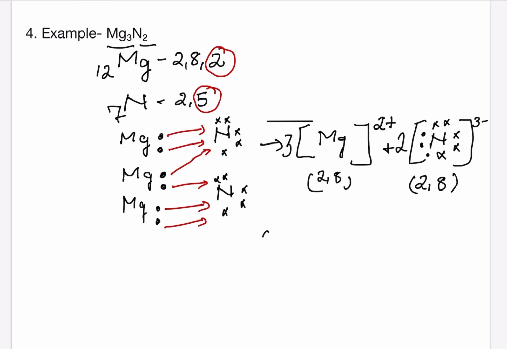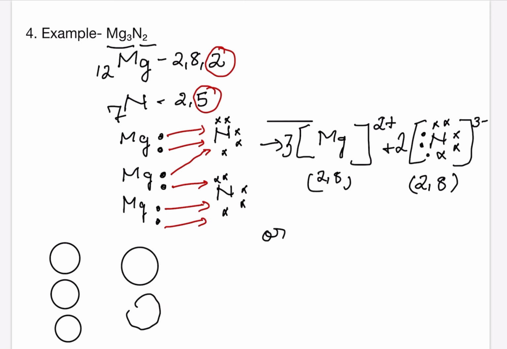We can also show it by another method. Let's do that. Make 3 circles. This is for magnesium, and 2 circles for nitrogen. We can rub this and make perfect circles. 2 circles for nitrogen. Now we can write down inside magnesium and show 2 electrons for each magnesium.